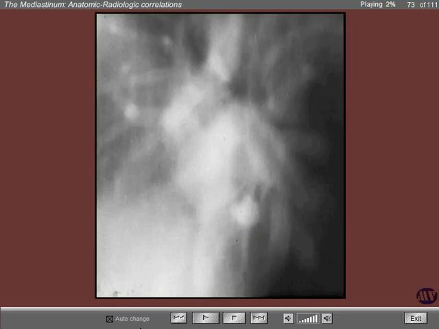In this lateral tomogram, we note a mass in the region of the hilus. Note that the mass continues with very large vessels. The vessels that appear to merge with the outline of this mass are particularly seen in the upper and lowermost portion of this mass.